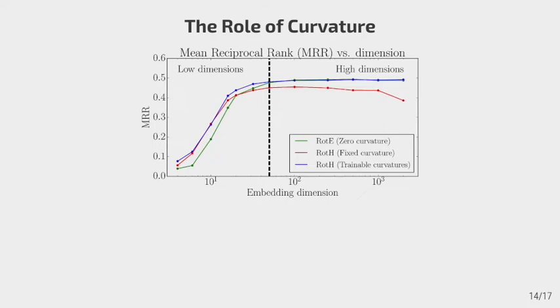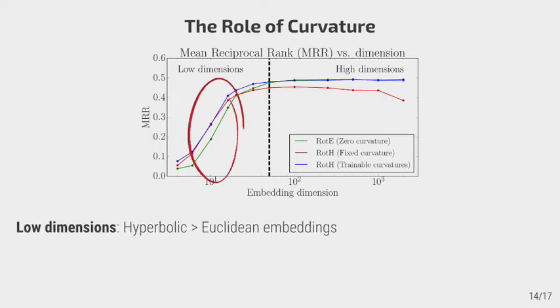Next, we analyze the role of curvature on the WordNet dataset, which contains a lot of hierarchical relations such as hypernymy. We compare our approach, which uses a trainable curvature parameter for each relation, to a hyperbolic baseline with a fixed curvature parameter, and to a Euclidean baseline, which is equivalent to setting the curvature to 0. We observe that in low dimensions, both hyperbolic models improve over the Euclidean baseline, confirming that hyperbolic geometry yields better embeddings in low dimensions.